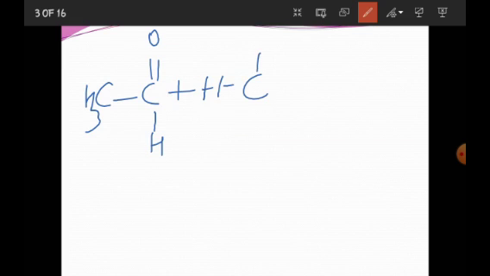See, as I told you, you have to write both the molecules in such a way that the carbonyl group faces the alpha hydrogen. This is H here, this is H, then this is CHO.